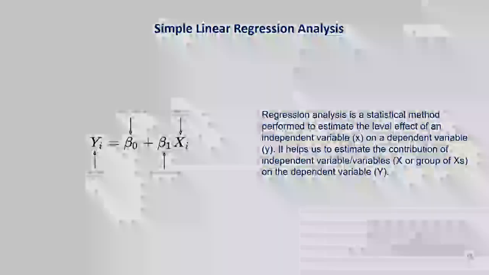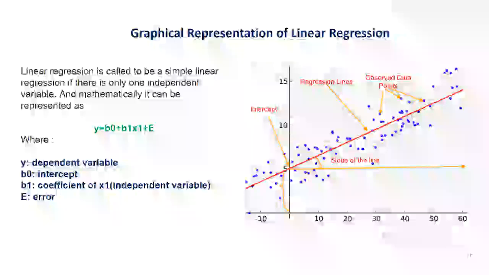Okay, so in previous classes I explained this curve, and today I'm explaining it again, how the equation of simple linear regression looks. If you see this one, this is the x-axis and this one is y.